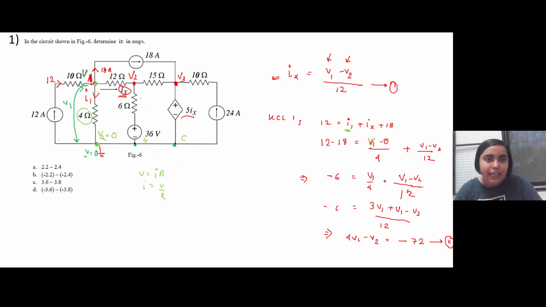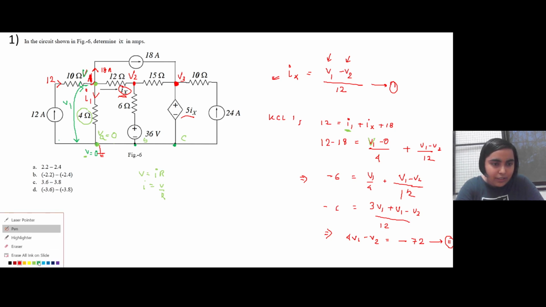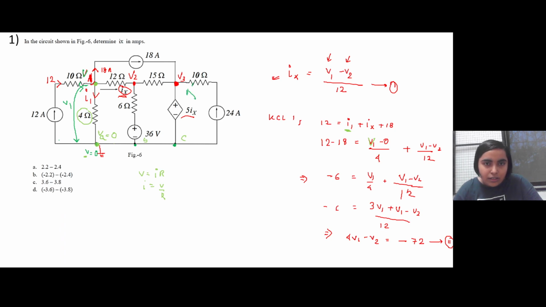Now let's look at node 3. This is V3. V3 means, as I showed in node 1, the voltage across this node with the reference is V3.